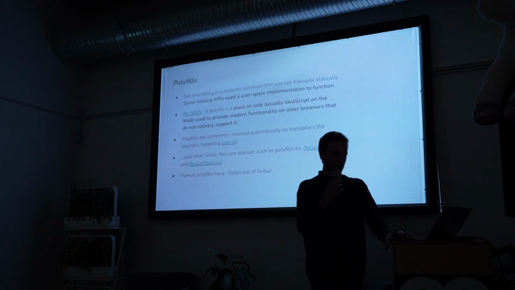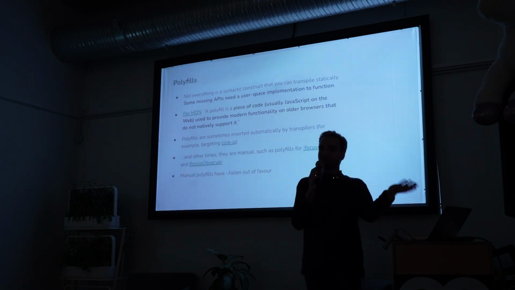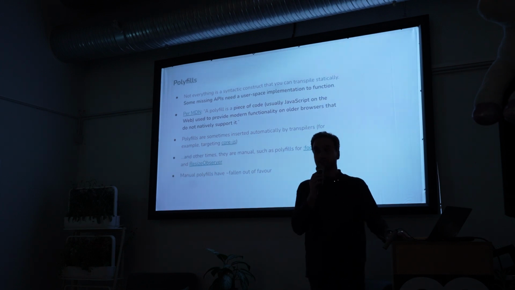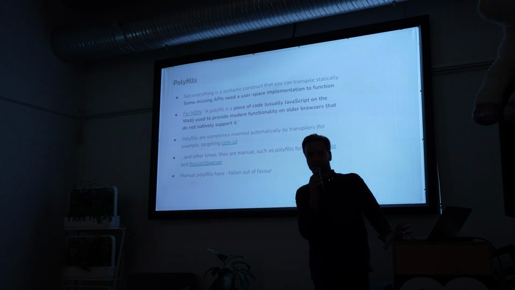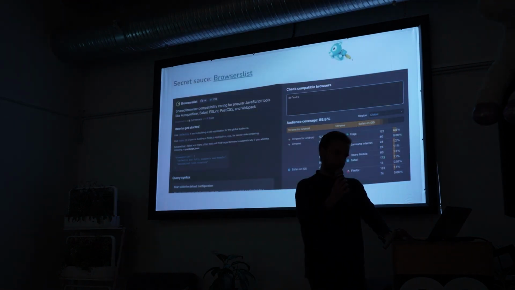I will say that manual polyfills have kind of fallen out of favor nowadays. They're a real pain, and they have some real performance impacts, because you're trying to implement something that the browser does in C++, and you're doing it in JavaScript, which is less efficient. I'm not going to go into too much detail about polyfills, but we can talk about them later.